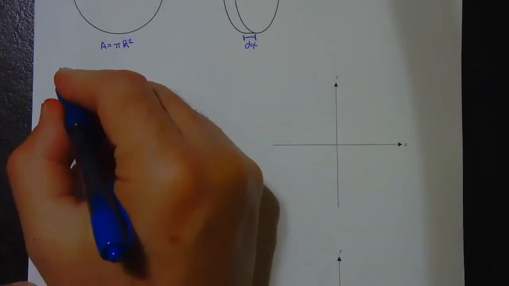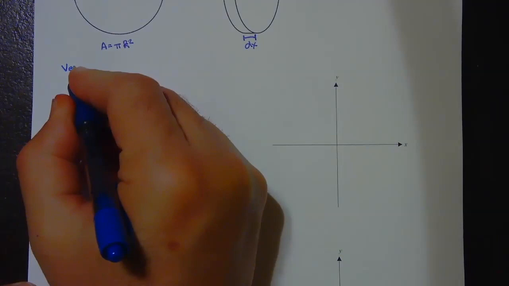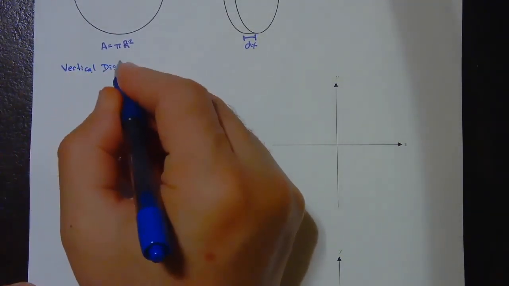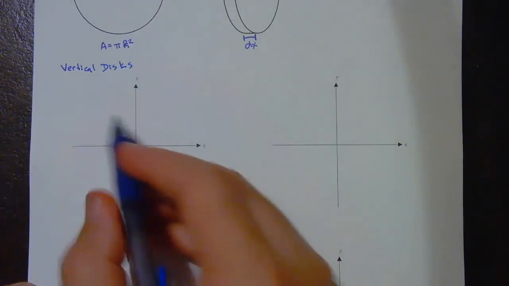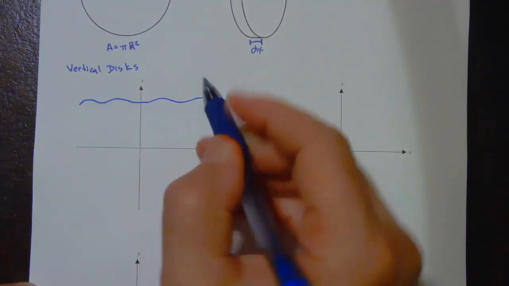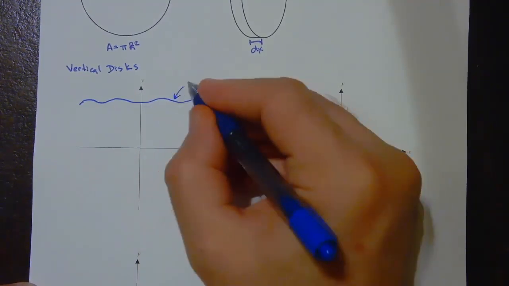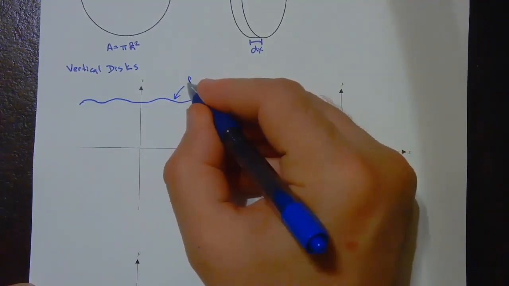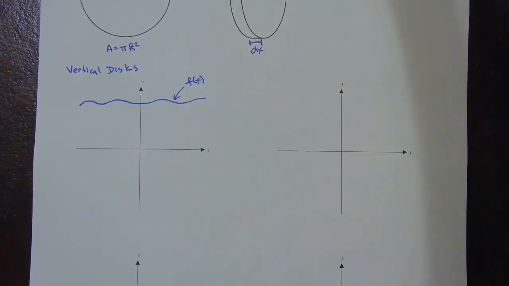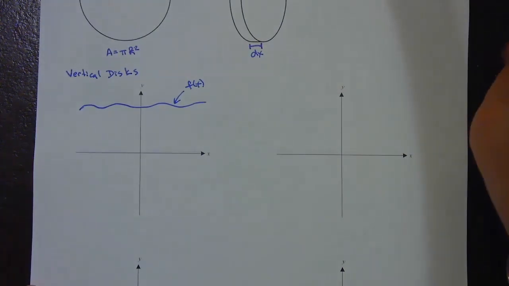So what I want to talk about right now is vertical discs. I'm going to create some function. Let's say it looks like this, just kind of a wavy function, maybe some trig function, and let's call this f of x. And we're going to rotate this.